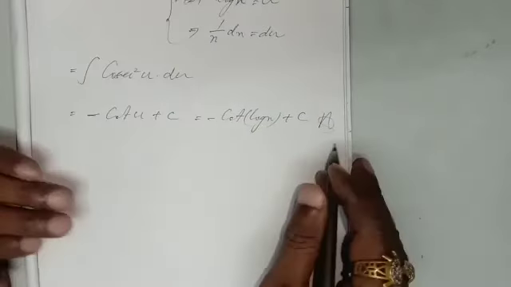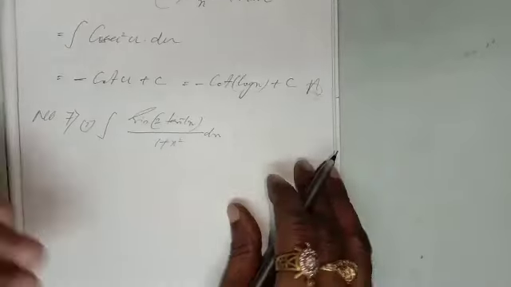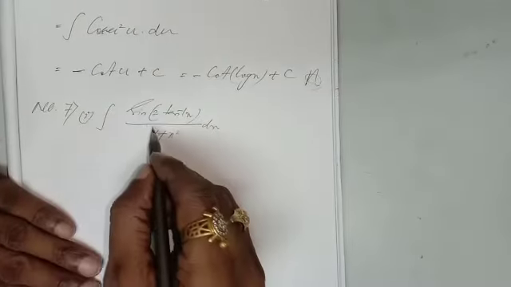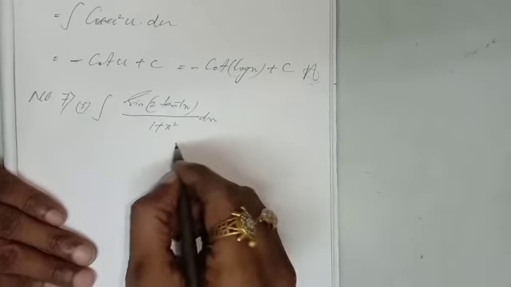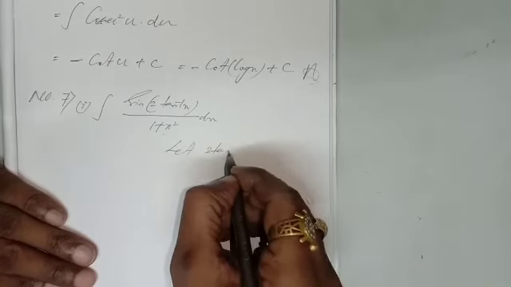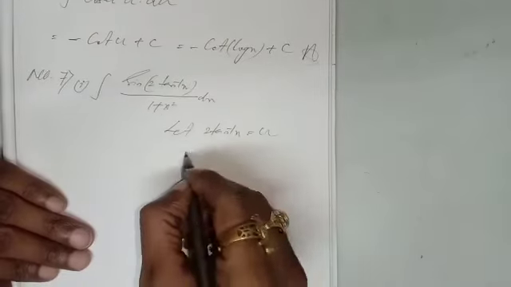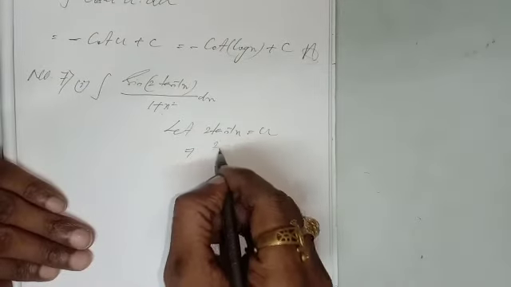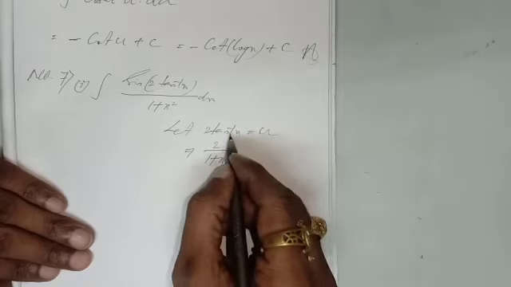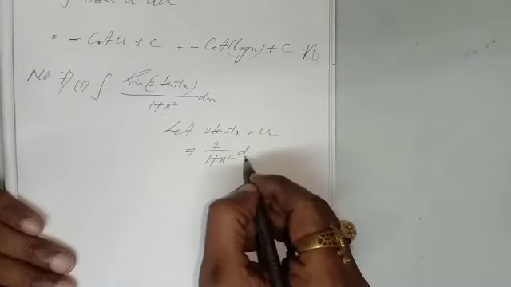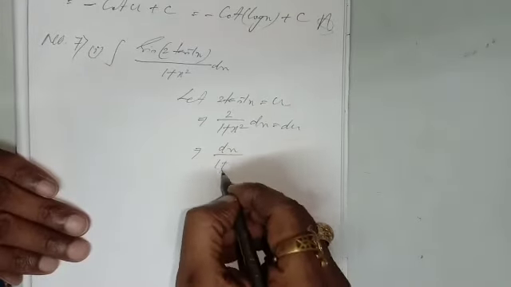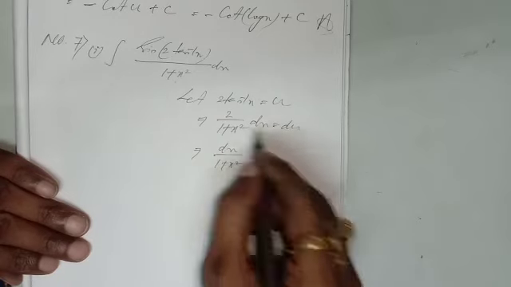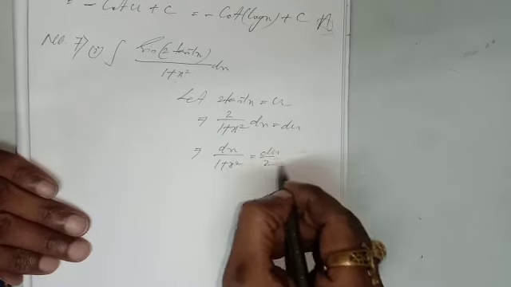Next I am going to number 7, first part. Question number 7, first part, the question given is integration of sine of 2 tan inverse x by 1 plus x square dx. Let 2 tan inverse x be u. So what is the derivative of 2 tan inverse x? That means 2 by 1 plus x square, since the derivative of tan inverse x is 1 by 1 plus x square. So 2 dx by 1 plus x square is equal to du, that means dx by 1 plus x square is equal to du by 2.